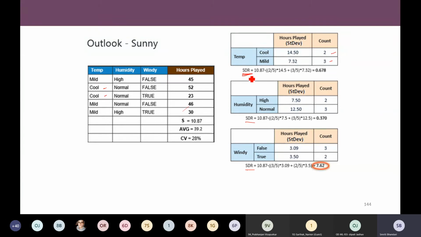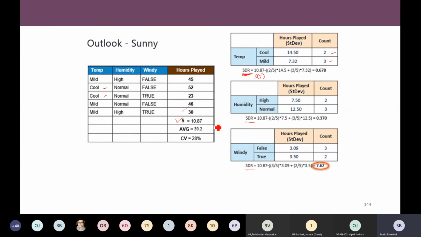So what is SDR? We need to compute the standard deviation here. Step number 1 we follow once again. Considering these values, we compute S, that is 10.87, the average is 39.2, and CV for this data set is 28%.